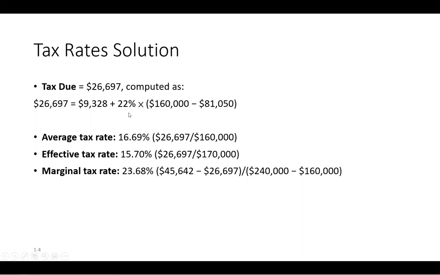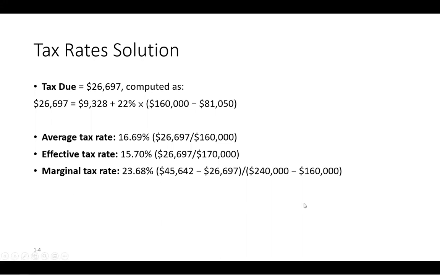For instance, Bill and Mercedes, if they made $160,001 of taxable income, that next $1 would be taxed at 22%. Okay, 22%. So their marginal tax rate is 22%. What the next dollar of income will be taxed at.